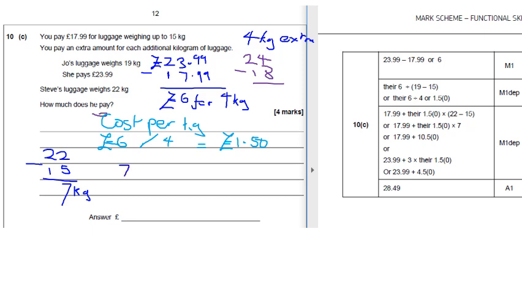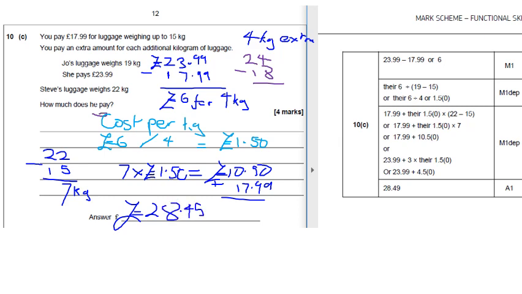Right, so for 7 kilos extra, times it by the £1.50 equals £10.50 extra to pay. If I add that to the original £17.99, I'm getting £28.49. Just double check. 18 plus 10 is 28. £28.50. Yeah, that's looking right.